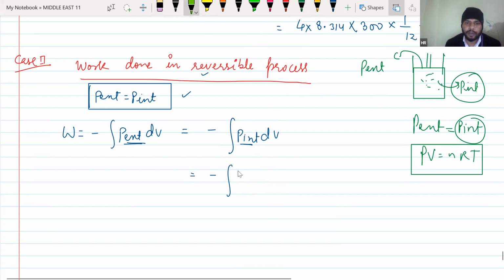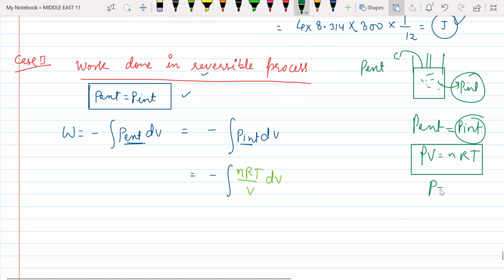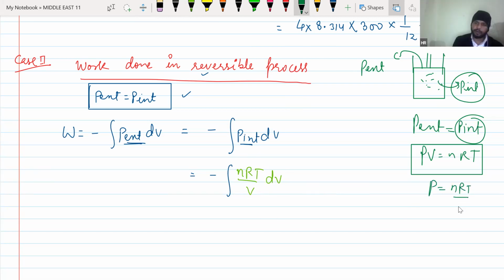In the place of P I am going to write nRT upon V, and dV was there, Krishna. Yes, sir. For P we can write nRT upon V. Now number of moles, R and temperature are constant, so I can take them outside. So it will be minus nRT into 1 by V dV.